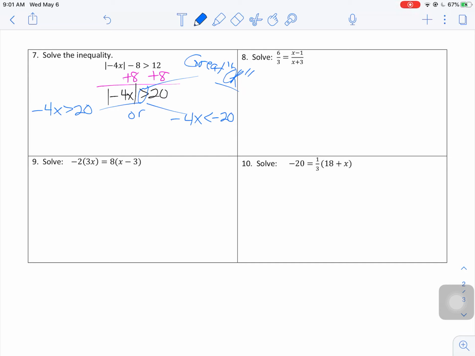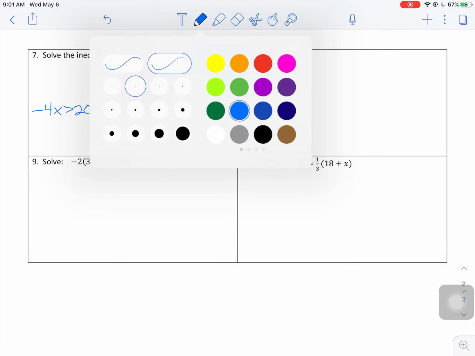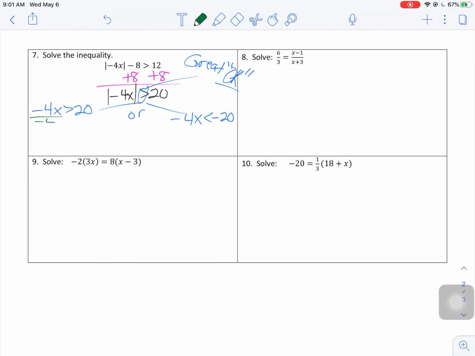So less than negative 20. Now we solve like normal. Anytime you're solving an inequality, if you multiply or divide by a negative number, you have to flip the direction of the sign. So I just divided by negative 4, so I need to flip the direction of the sign.